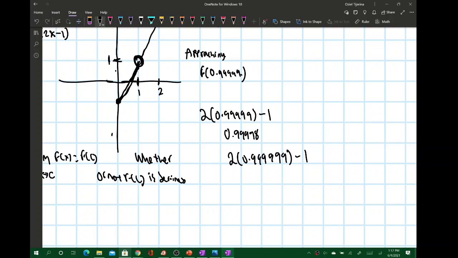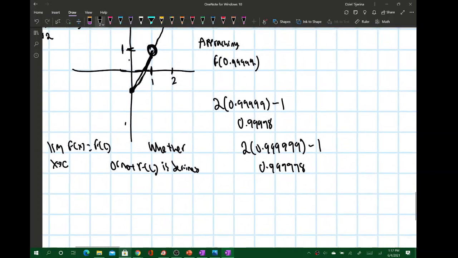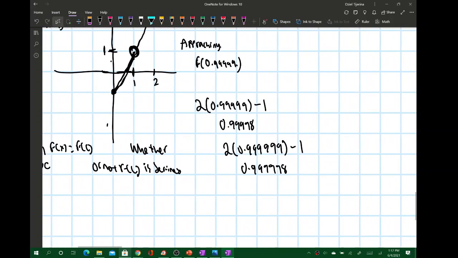If you do that on the calculator, it's going to be 0.9999998. So what does that mean? It means that it's going to approach 1. If you round this to the nearest 10th or whatever, it's going to approach 1.